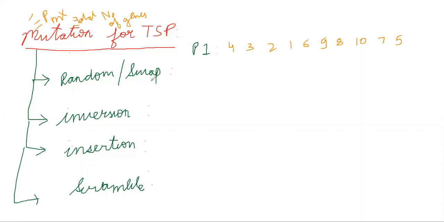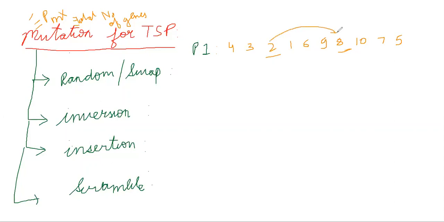So once you have selected the individual, let's say I want to mutate one element or one gene here. In the random method, I simply take any two elements. Let's say I take these two and I swap their positions.